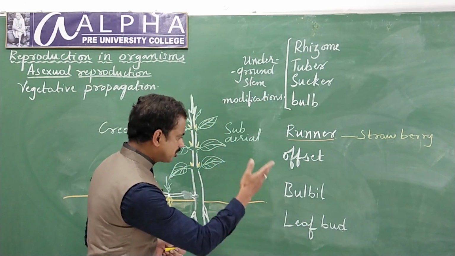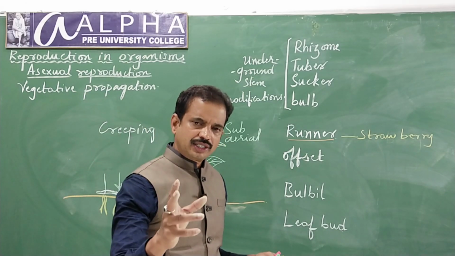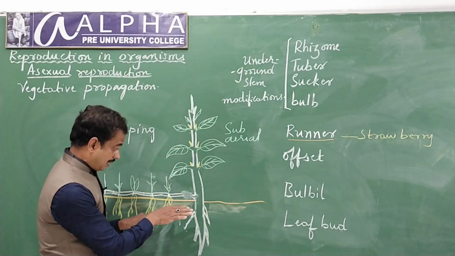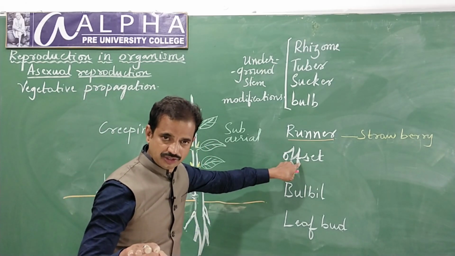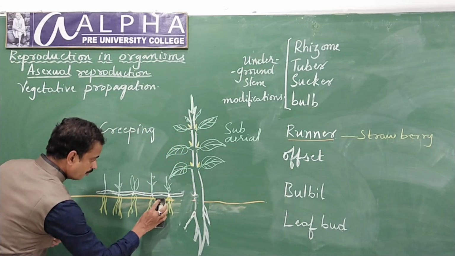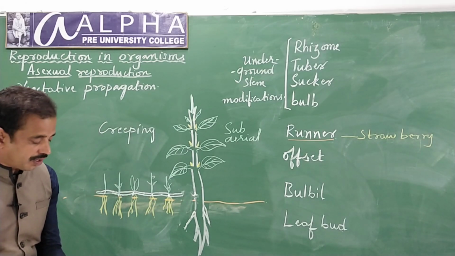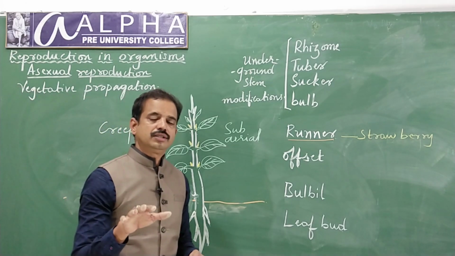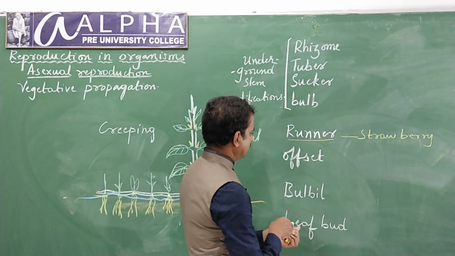Now let me go to the next example, offset. Students, regarding the offset, the technical aspect is the same. It is a subaerial modification, just above the soil in case of runner, but in case of the offset, it is not the soil. Assume the situation in the same way, but instead of soil it is water. The plant is growing above the surface of the water, simply floating, in examples like water hyacinth.